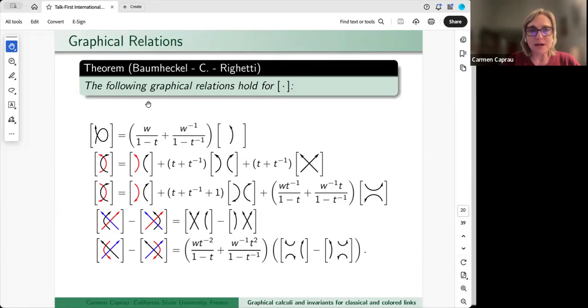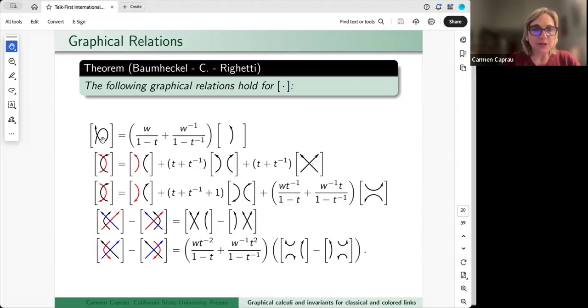Those relations are for evaluating planar graphs that have also colors. You can think of a 4-valent colored graph in the same way as a colored link, where now instead of having those crossings, you have flat vertices or flat crossings.